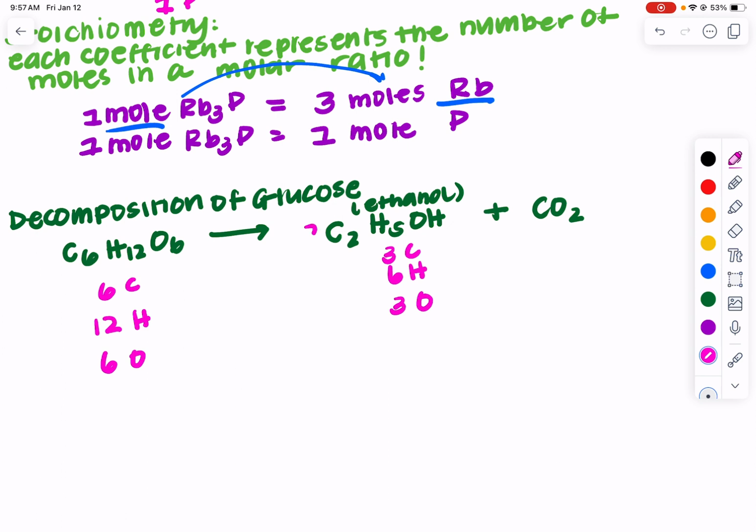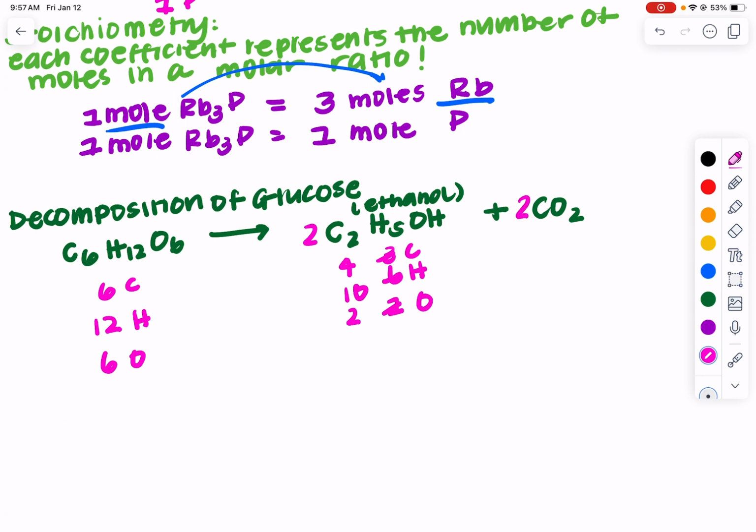So if I double this one, this is going to give me 4 carbons, 10 hydrogens, and I'm sorry, there should only be 1 oxygen here. So now we have 2 oxygens.